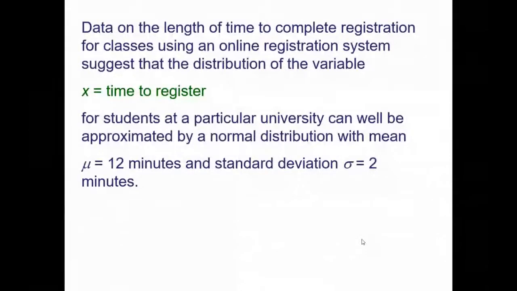Let's look at an example. The data on the length of time to complete registration for classes using an online registration system suggests that the distribution of variable x, being time to register for students at a particular university, can well be approximated by a normal distribution with a mean of 12 and a standard deviation sigma equals 2 minutes.